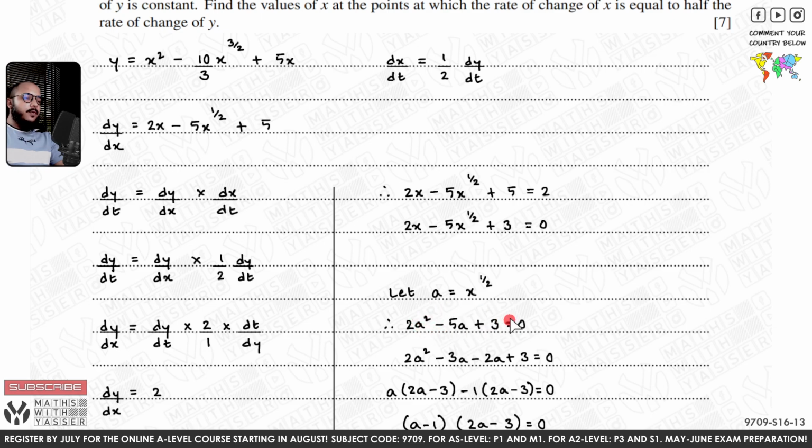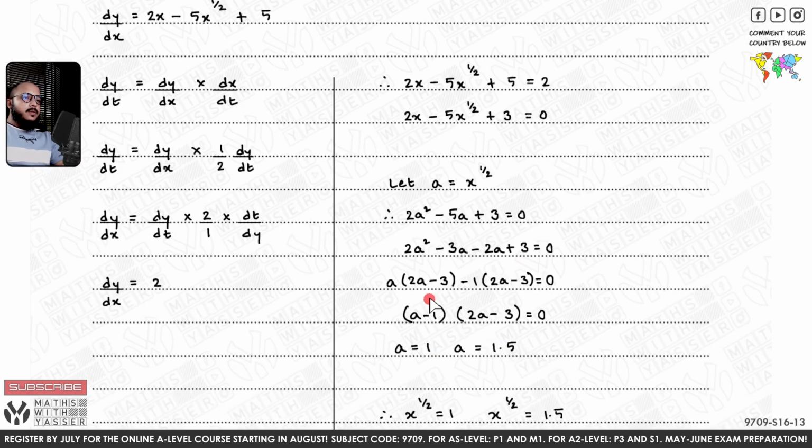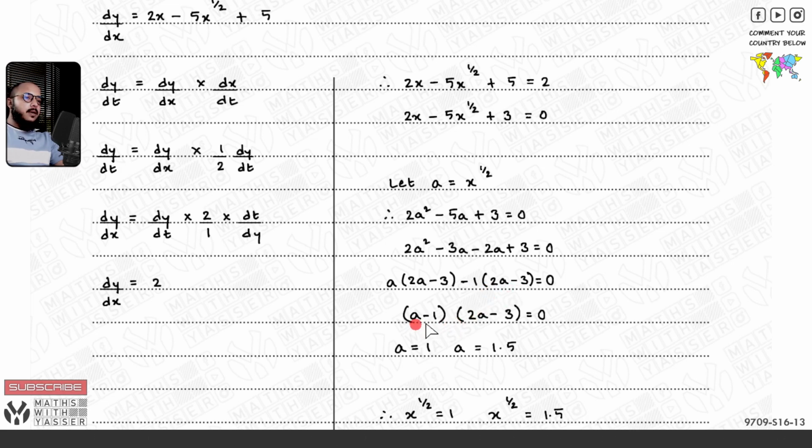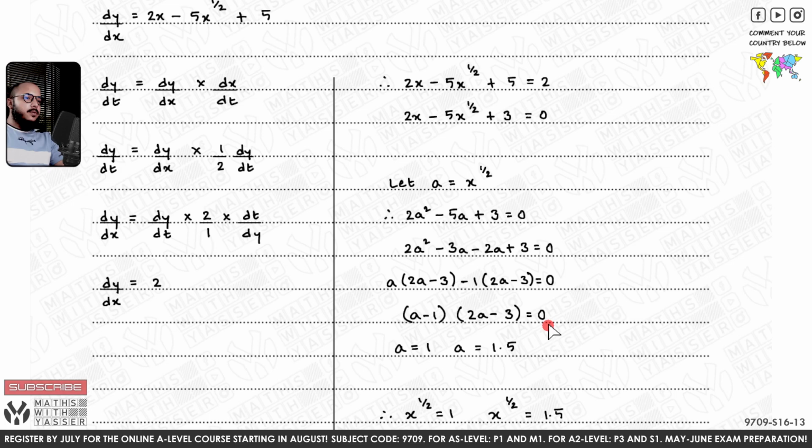Now it is easier for you to see that this is a quadratic equation by substituting a as x to the power half. So doing the middle term break, we get 2a square minus 3a minus 2a plus 3 equals 0. So if we take a common, we get 2a minus 3, and by taking negative 1 common, we get 2a minus 3 again. So the factors are a minus 1 and 2a minus 3 equals 0.